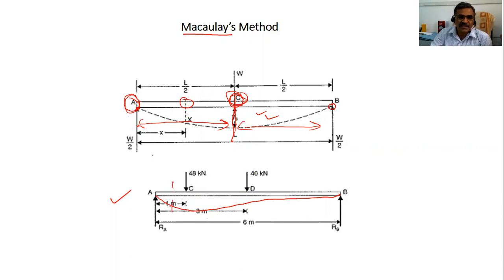If you take the axis here, that will be applicable between A and C. If you take the axis here, that will be applicable between C and D. If you take the axis here, that will be applicable only between D and B. So for the other areas, we will not be able to find the slope and deflection.